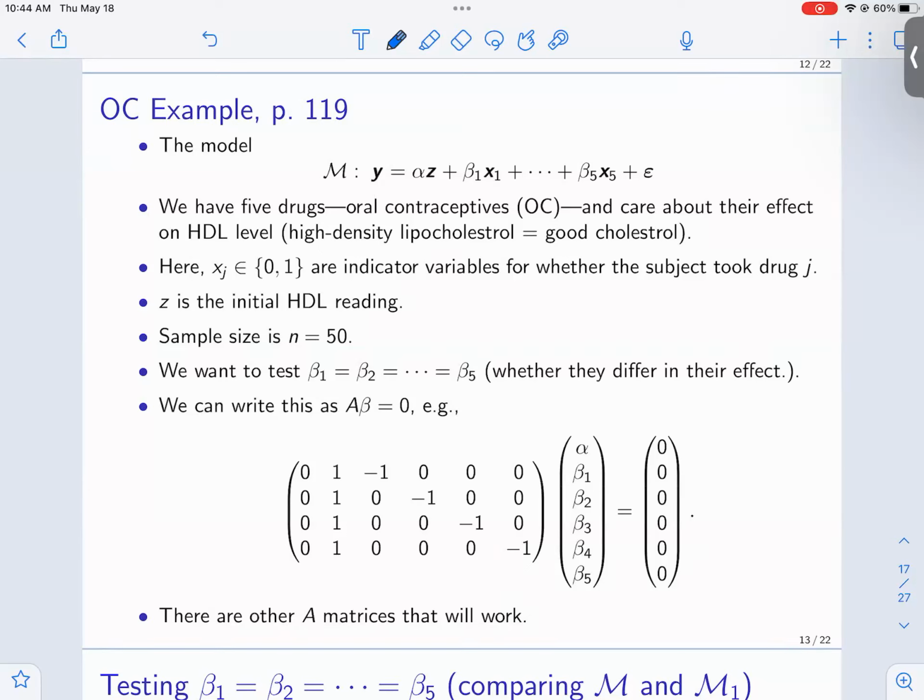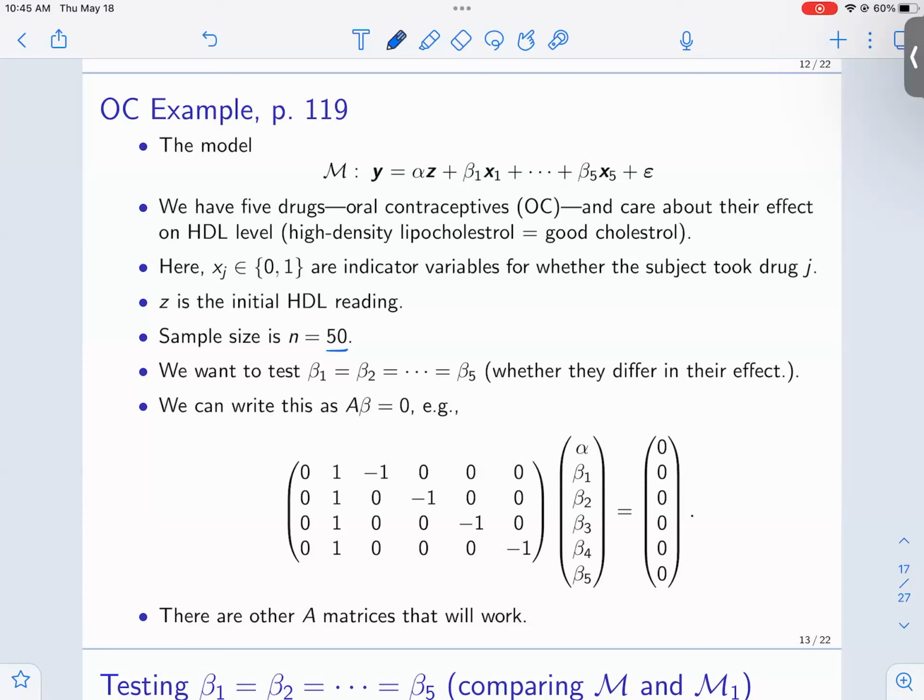So you basically have a sample size of 50, and you divide the people into 5 different groups and give each group one of the drugs. And then you measure the HDL before giving them the drug and after giving them the drug. You want to measure the effect.